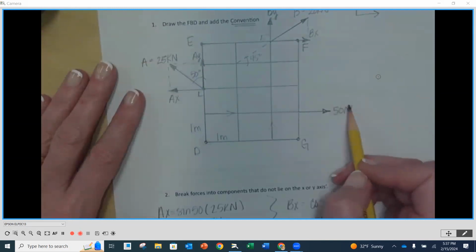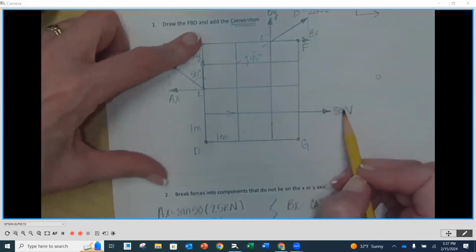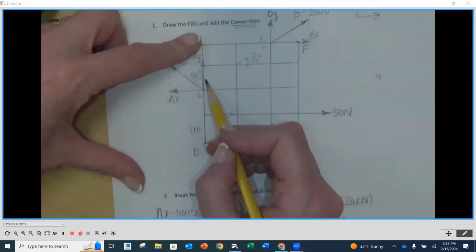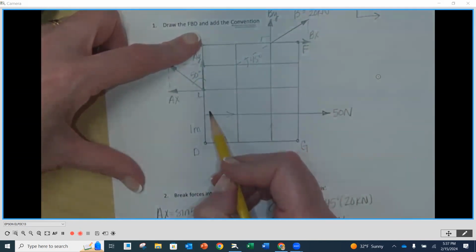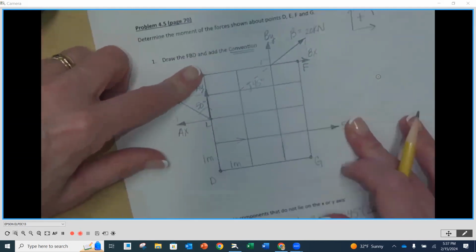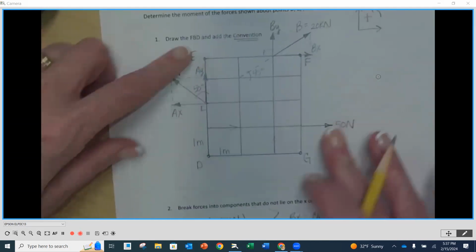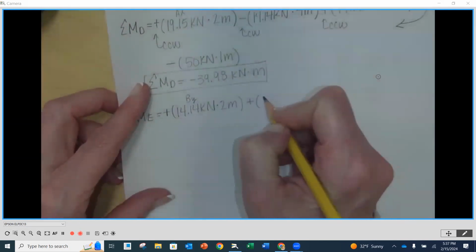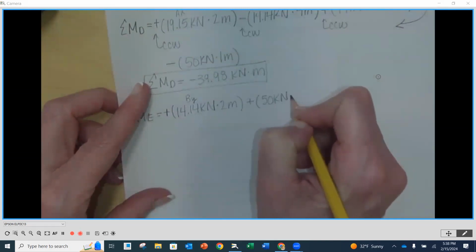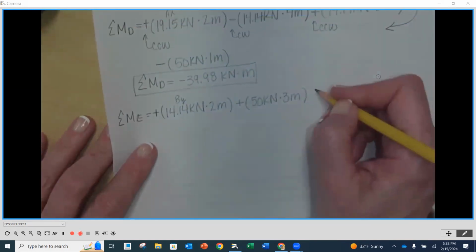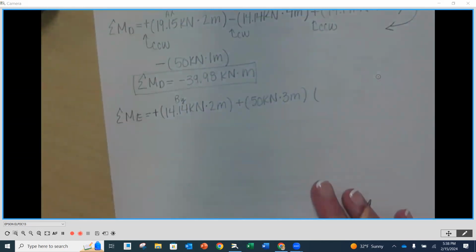So the magnitude is gonna be 50 times its perpendicular distance. We're gonna pull it back along its line of action. Its perpendicular distance is gonna be 3 meters. So 50 times 3 meters. And then the direction of rotation counterclockwise will be positive. So we can say positive 50 kilonewtons times 3 meters. Okay. Next one.